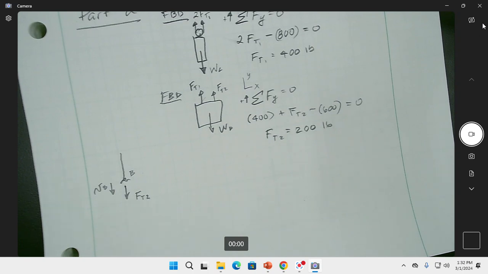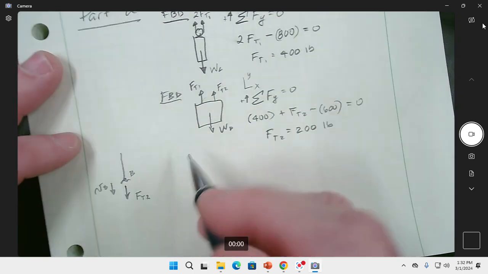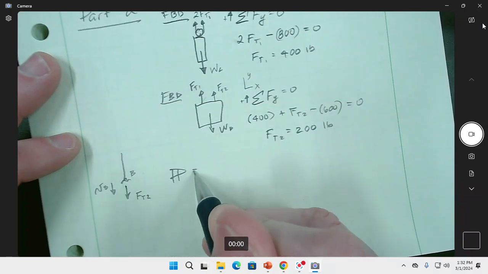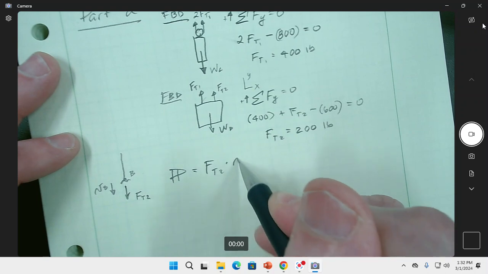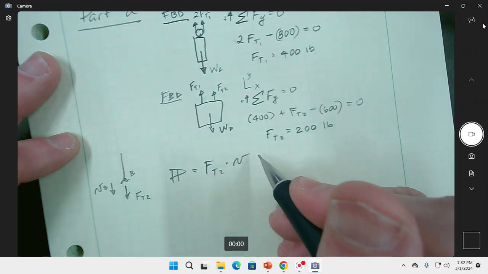And you'd be able to tell by seeing that these would be going the opposite direction from each other at the boundary. Just want to point that out, to organize our thoughts as to what's taking place. So anyway, the power here is going to be equal to FT2 times VB, and this is a times, not a dot.